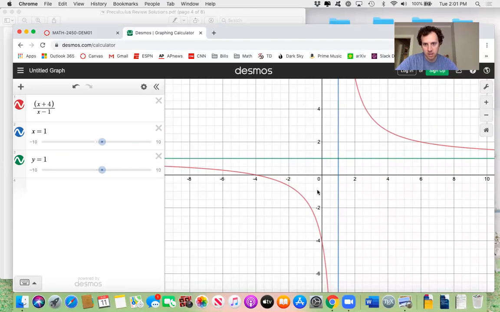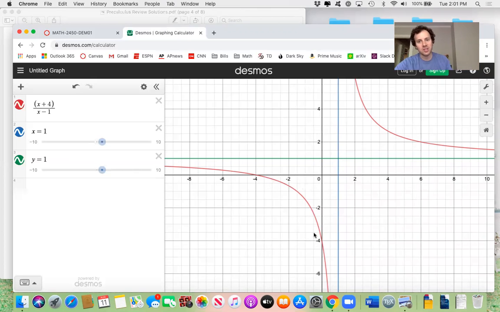Similarly, 0 is in the range, because for x equals -4, that has height 0. There's a point with height -2, with -4, -6. So if we keep going down, all of those y values get used by a point on the graph.